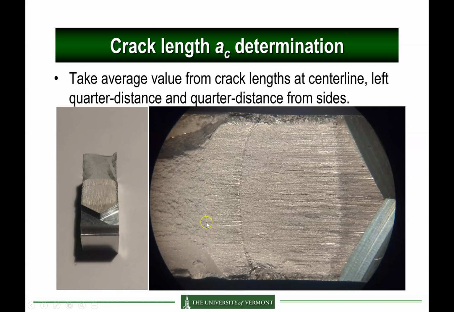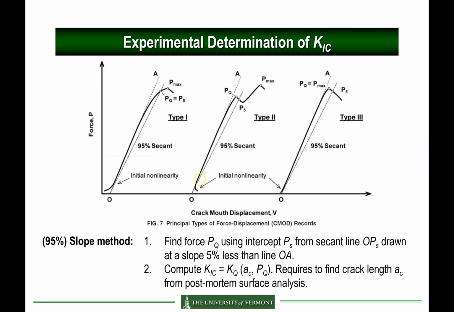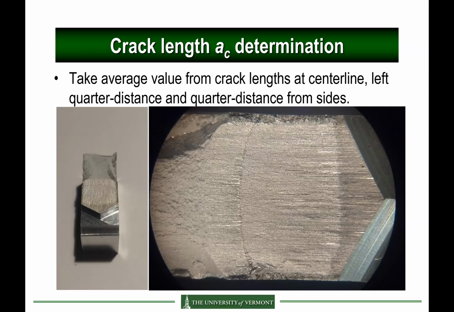So you take 3 crack length measurements: center, left quarter distance, right quarter distance. Take the average, and this constitutes your crack length in the formula to compute the stress intensity factor and the fracture toughness. So load is from the 95% slope method, and crack length is from direct analysis of this picture.